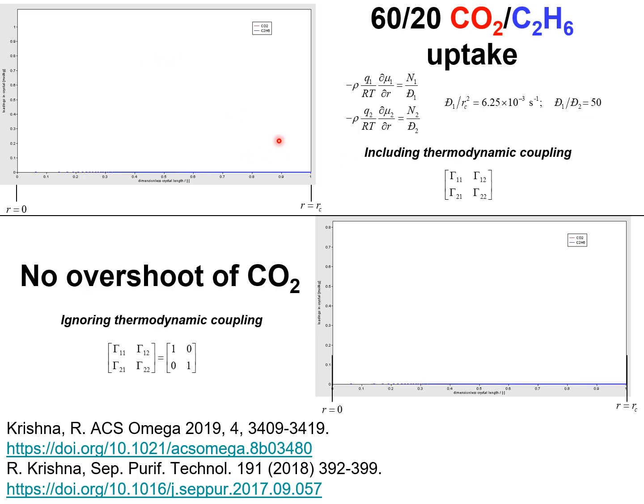Let's have a first look at the transient uptake, in which thermodynamic coupling effects are duly accounted for. The CO2 experiences an overshoot above the value at the surface, and as time progresses, the loading of CO2 in the crystal decreases to reach equilibrium.